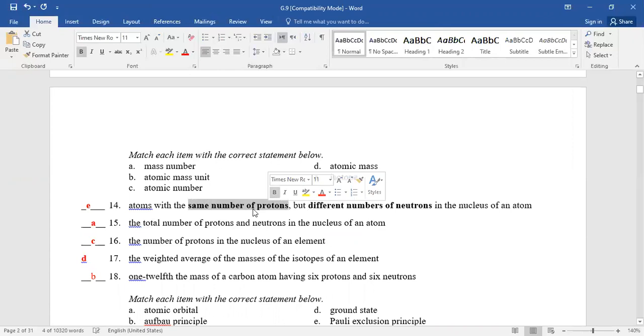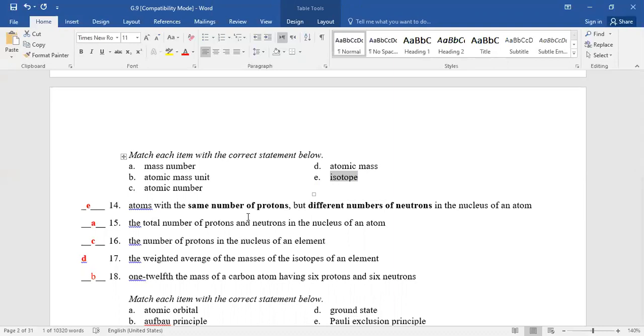So we have the same number of protons and a different number of neutrons, so it will be isotopes. We know that isotopes are the atoms of the element that have the same atomic number but different mass number, or in other words, the same number of protons but a different number of neutrons. Let's get to number 15.